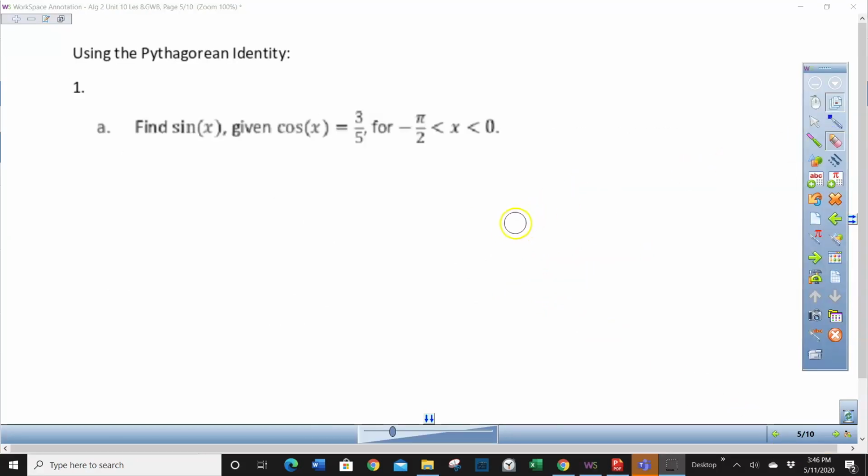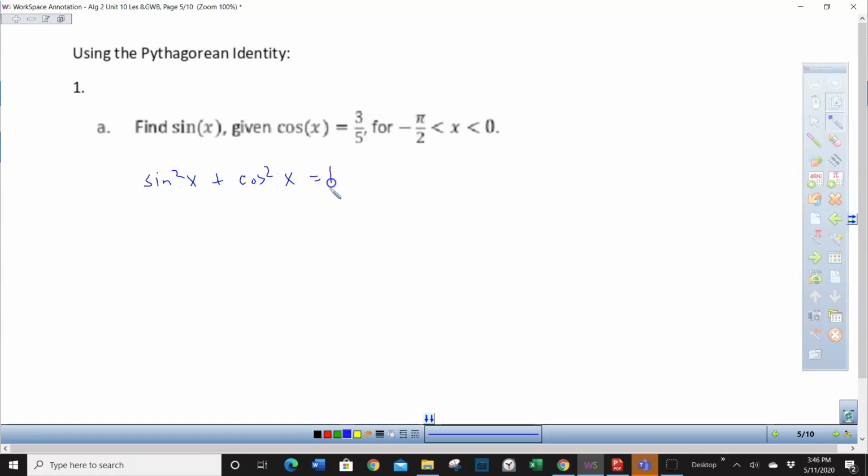So now let's learn a couple of problems. So we're going to find sine of x. We're given cosine of x is 3/5, and we want x to be between negative pi over 2 and 0. So let's look at sine squared x plus cosine squared x equals 1. Well, I don't know what sine of x is, but I do know cosine is 3/5.